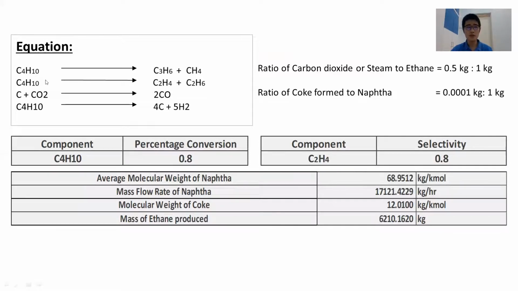The butane will have a percentage conversion of 80% in order to convert to ethylene. So yeah, 80% selectivity and percentage conversion to produce ethylene.